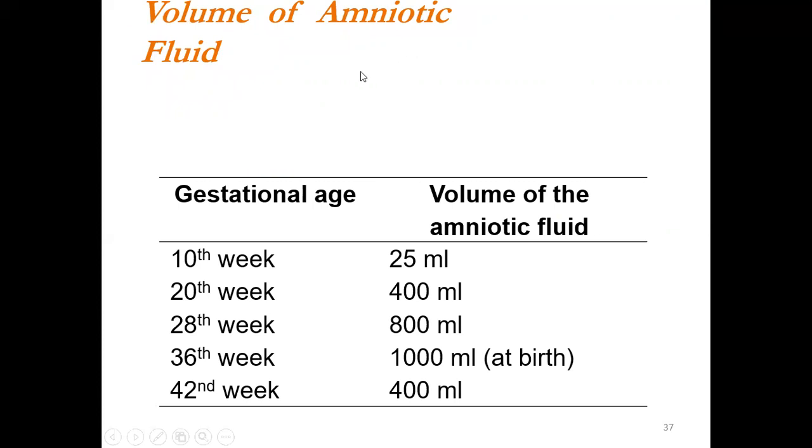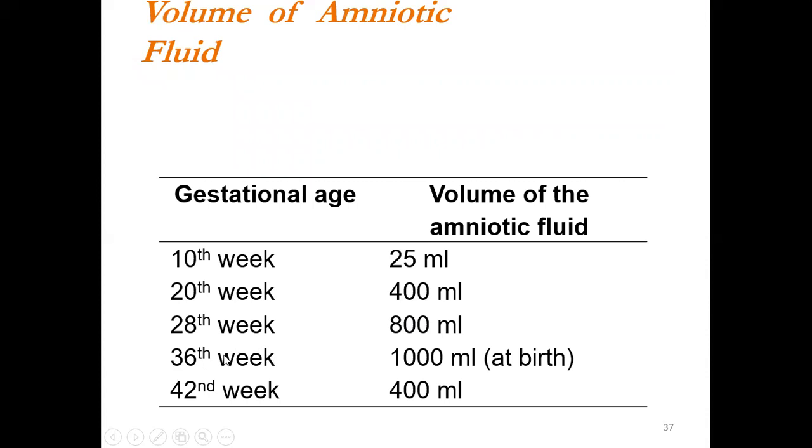Then by determining the amniotic fluid volume through sonography, we can make out the gestational age. By the 10th week, it is around 25 ml. By the 20th week, it is around 400 ml. At the 28th week, it should be around 800 ml. By the 36th week, it should be 1 liter.